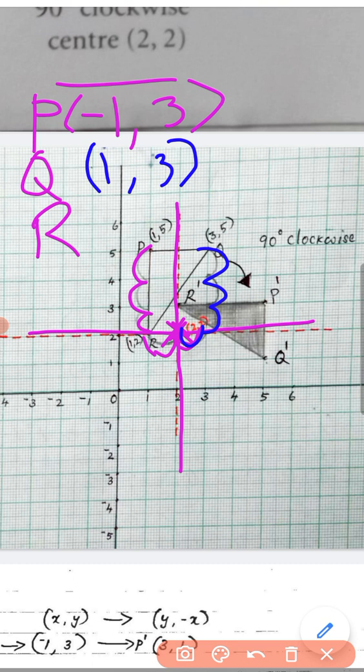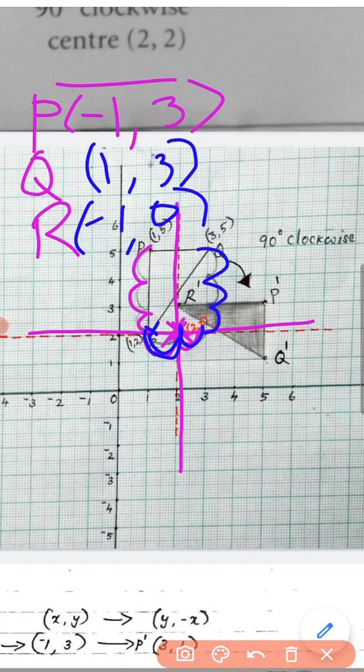Next find R. Children, this is R. It is on the x-axis. Any point on the x-axis has y coordinate 0. This is R, 1 unit to the left, so -1, 0.